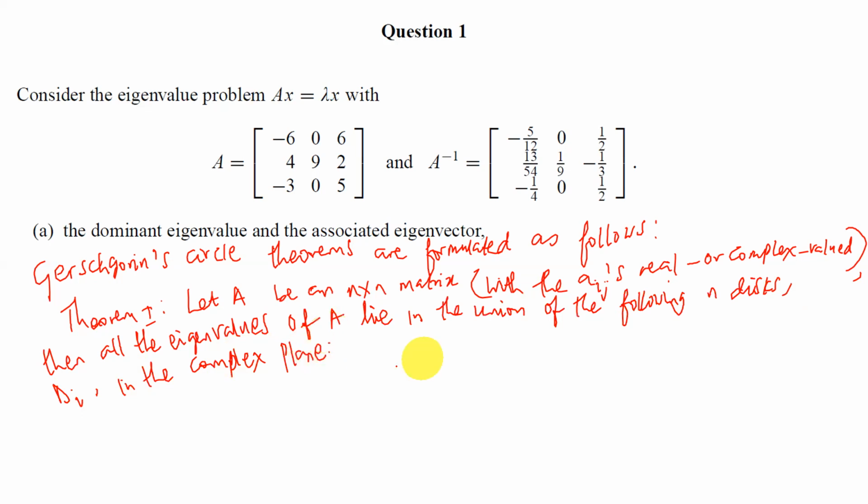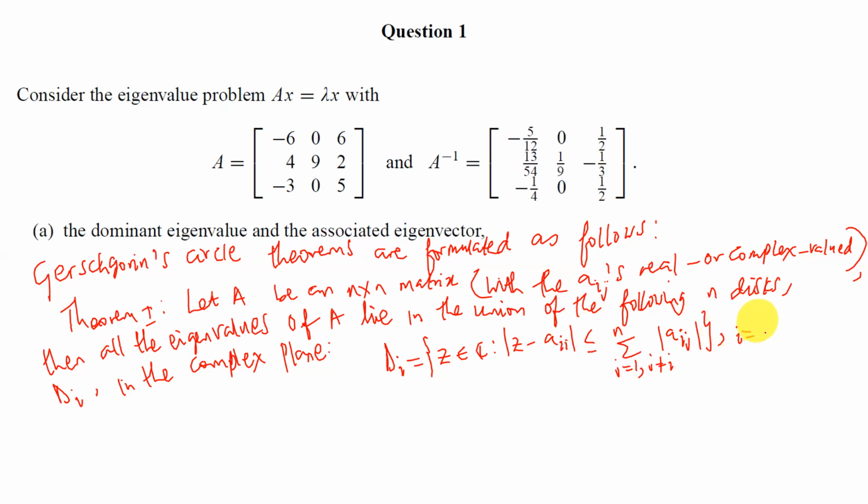And what we then say, we state the Di. D subscript i is defined as the set that contains all the complex numbers z in C such that the absolute value of z minus aii is less than or equal to the summation over j from 1 to n, j not equal to i, of the absolute value of aij.